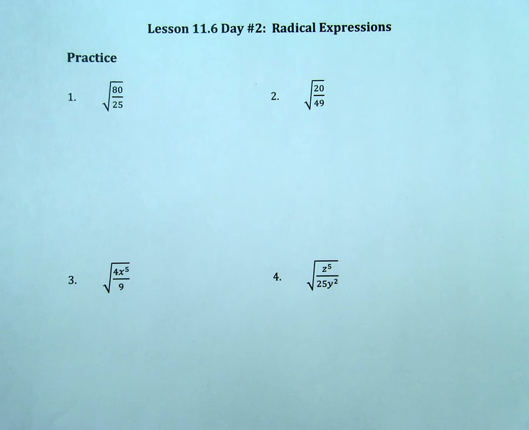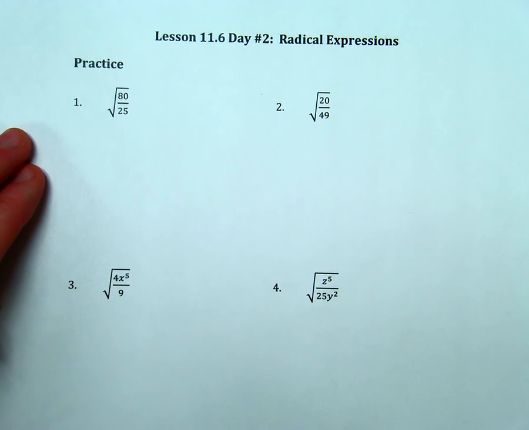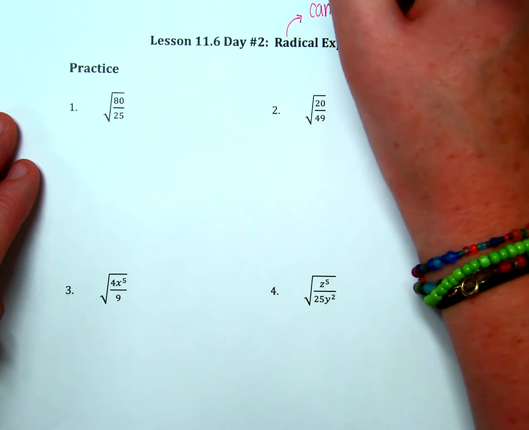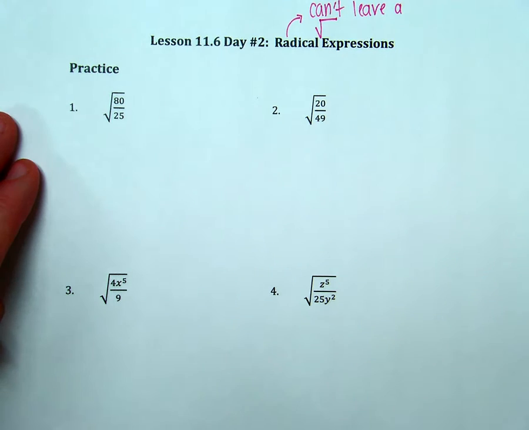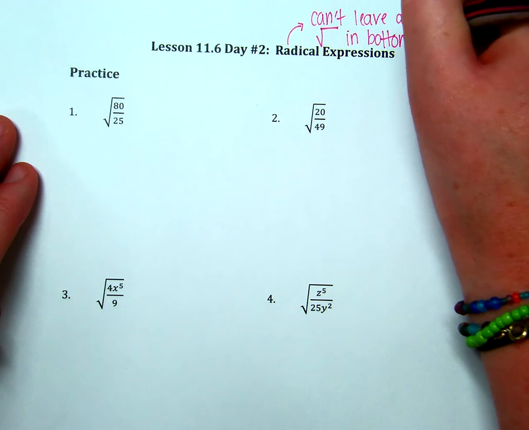Friday we were working on simplifying those and getting them down as far as we could. So what's going to happen today is we're going to run into the issue of being left with a square root sitting in the bottom of your fraction. One of the biggest things I want you to take note of today, which we wrote in our 11-6 day 1 notes, is that with radical expressions, you can't leave a radical or a square root in the bottom of a fraction, or in the denominator.